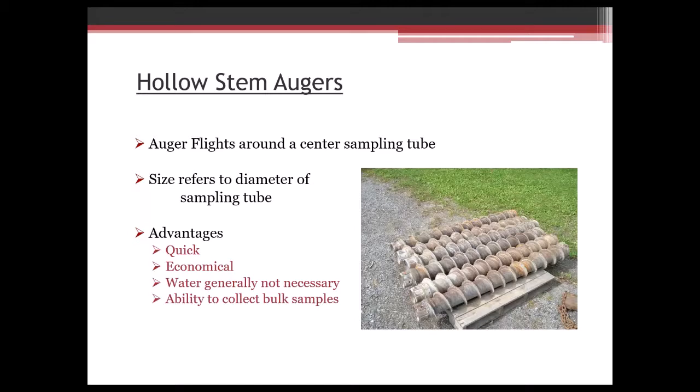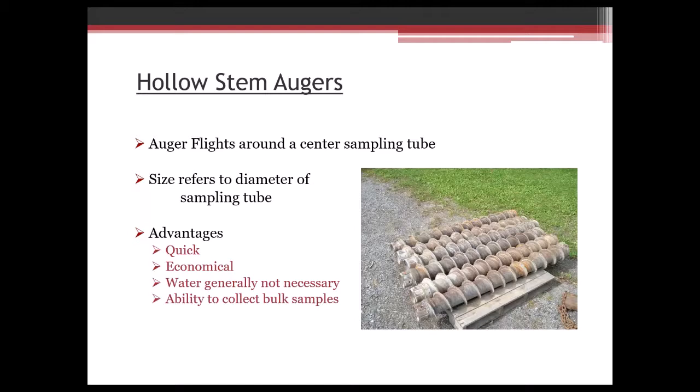You pull the center plug out, you lower the sampler into the augers, depending on the depth, depending on the type of sampler, advance that sampler, and then retrieve your sample, put the center plug back down, and advance the augers again. You can see in the picture how the set of them look on a pallet there.